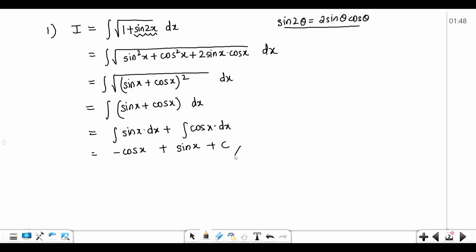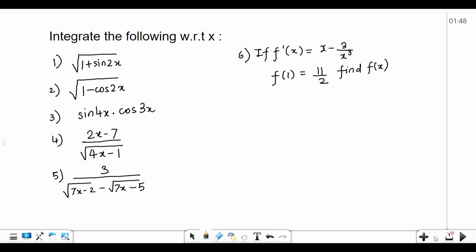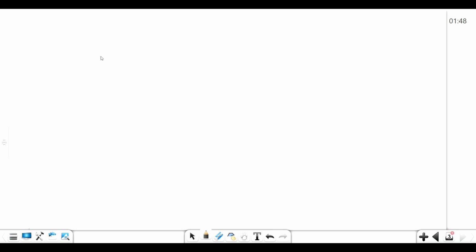So this is how we have solved the first problem based on the trigonometric formulas as well as the integration. Now we'll move on to the next question, which is under root of 1 minus cos 2x. So the second question here is I equals under root of 1 minus cos 2x dx.